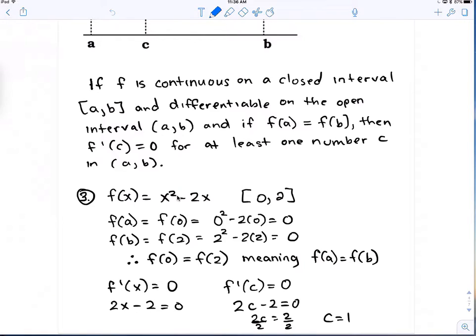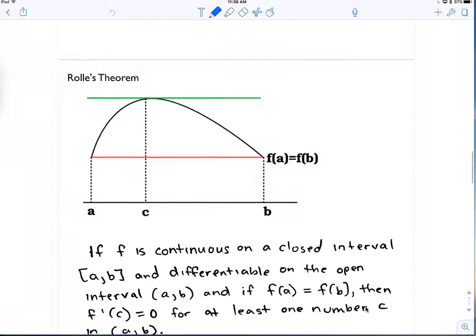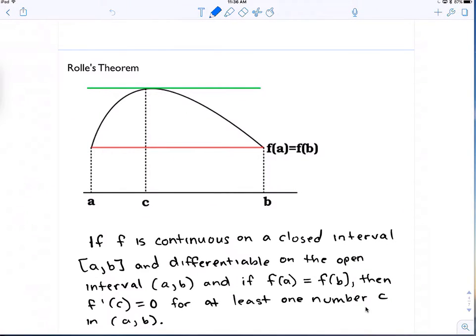My first derivative is just going to be 2x minus 2. Set that equal to 0. And then evaluate that first derivative at c. So the first derivative at c: everywhere there's an x, put a c. 2c minus 2 equals 0. Solve for c. We find out that c equals 1, and that value gives you the relationship here.